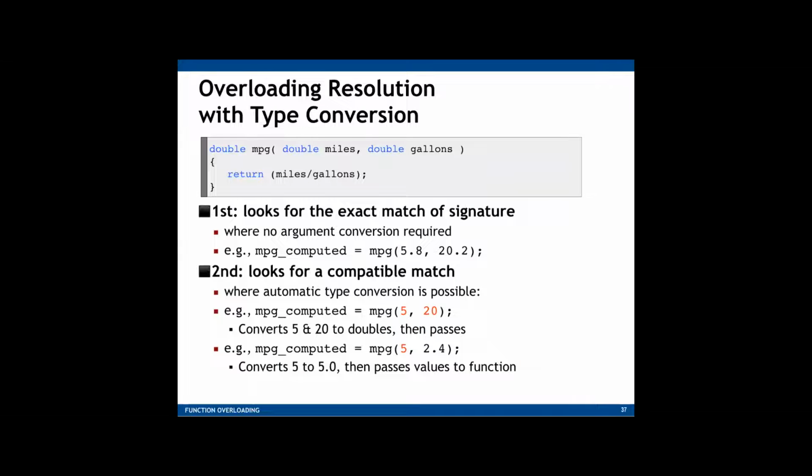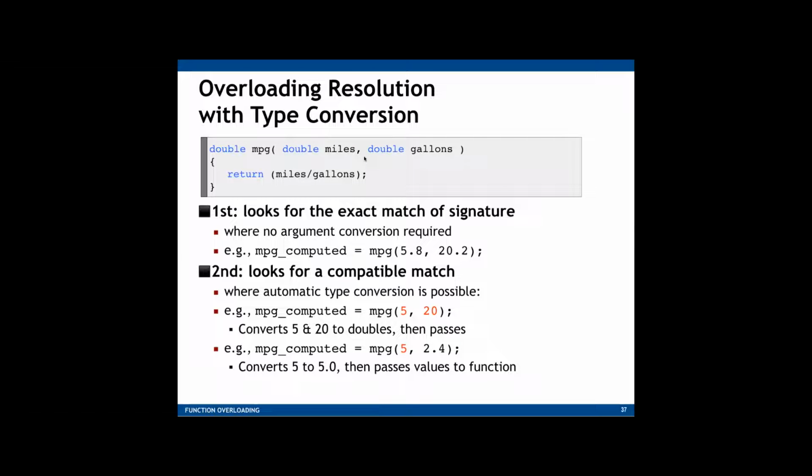Then how does the compiler resolve the function invocations and find the right function to execute? First, the compiler looks for an exact match of signatures. Assume that there is a function mpg with 2 double type parameters.